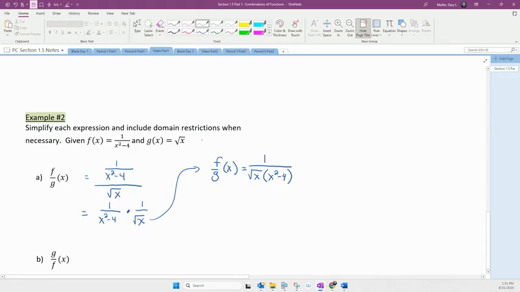So if we just think about that domain, it has to be 0 to infinity. And we look at the domain of this guy, we know x squared minus 4 cannot equal 0, which hopefully we know means x cannot equal 2. x cannot equal negative 2.